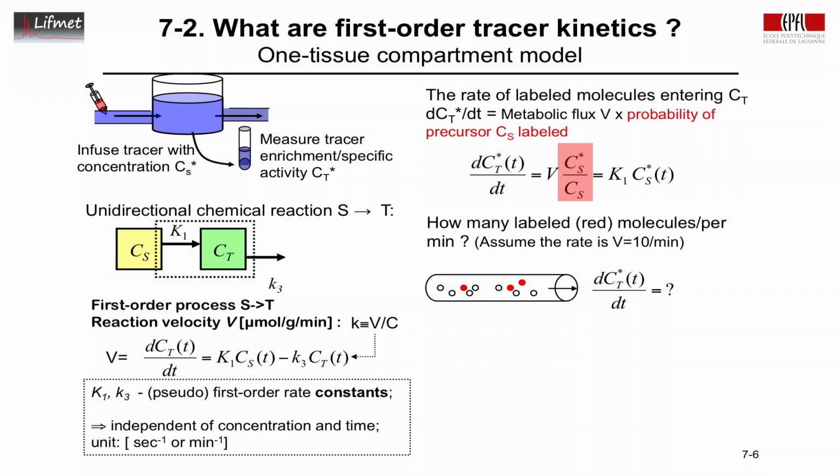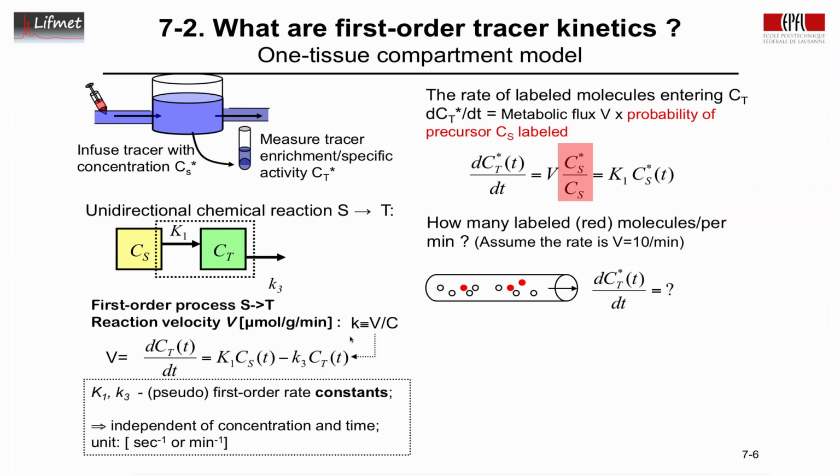If we have 3 red molecules entering, we have 10 total, 30% of them are labeled, so we have 3 molecules per minute that enter our pool. I hope this example gives you an idea of how we calculate the buildup of tissue radioactivity: velocity times probability.